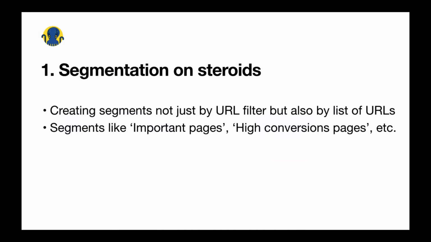So let's start with the first use case around segments. You used to be able to create segments only by URL filter or some attribute of the URL, and right now you will be able to create segments by a list of URLs.